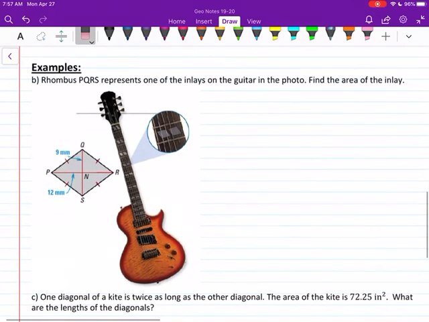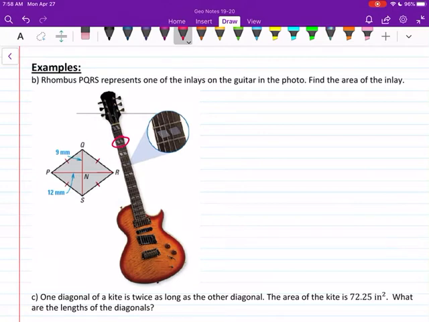Example B. The rhombus PQRS represents one of the inlays on a regular guitar in the photo. So if you look real close on this photo, we're talking about these little tiny rhombuses behind the strings up here on the neck of the guitar. Okay, so they give us the picture of it.